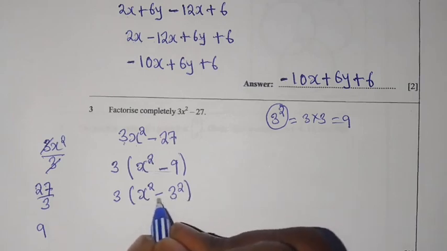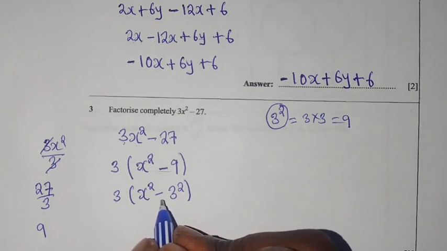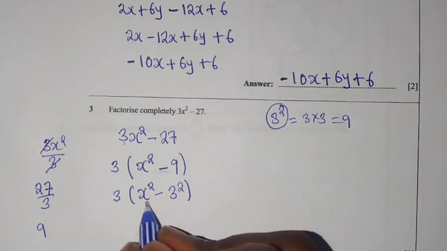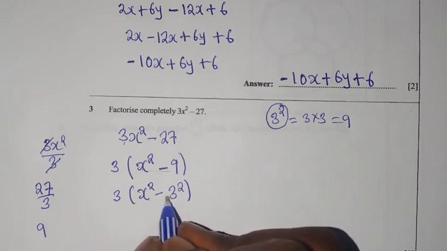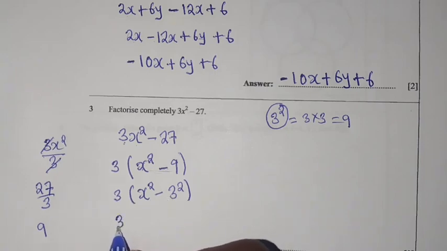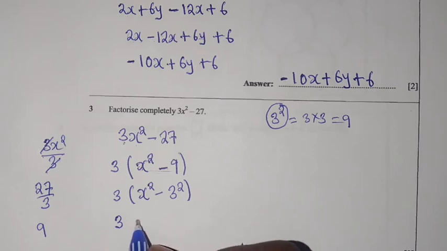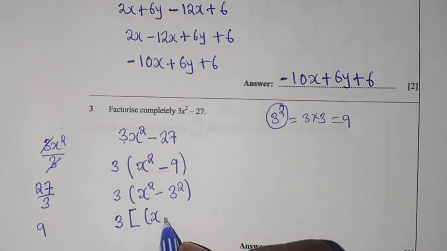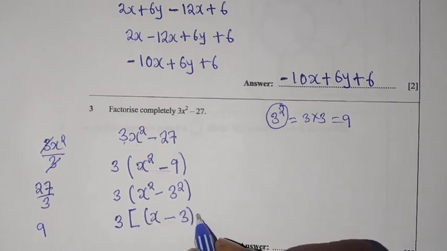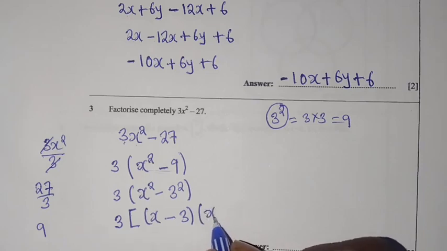So you can see we have the difference of 2 squares inside the brackets. So what you are going to do is we need to factorize using the difference of 2 squares. So I'm going to write a 3. Then from there, we write open square bracket, x minus 3, again open bracket, x plus 3.